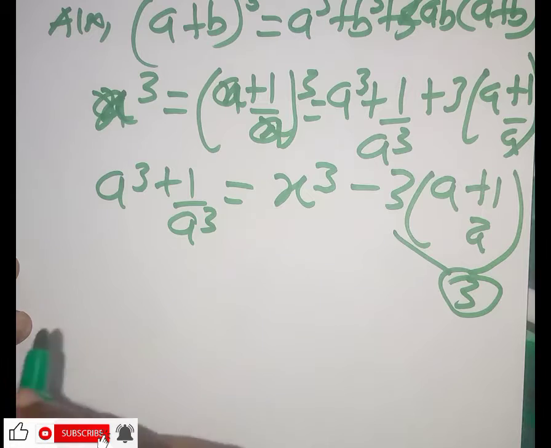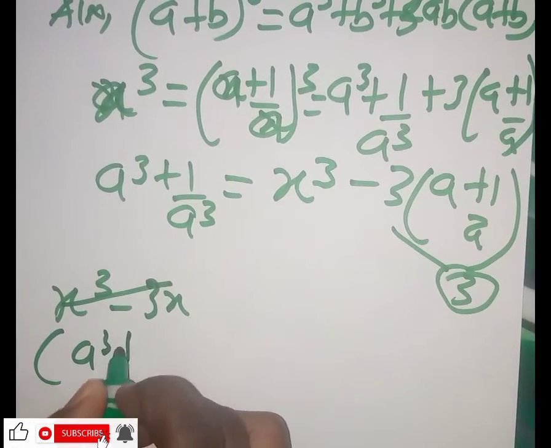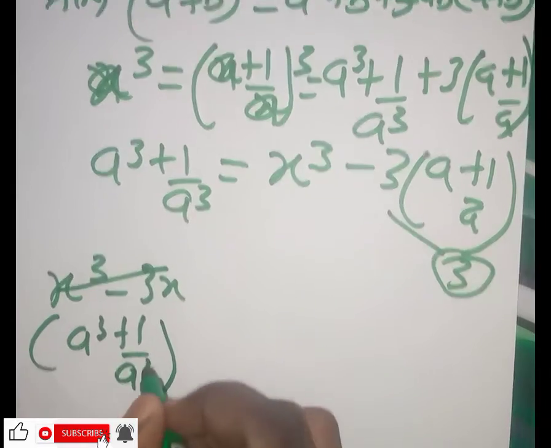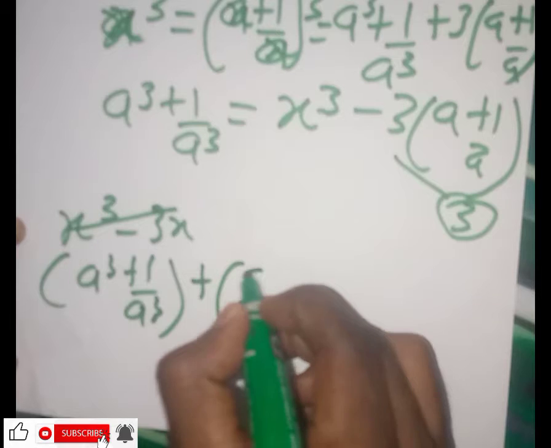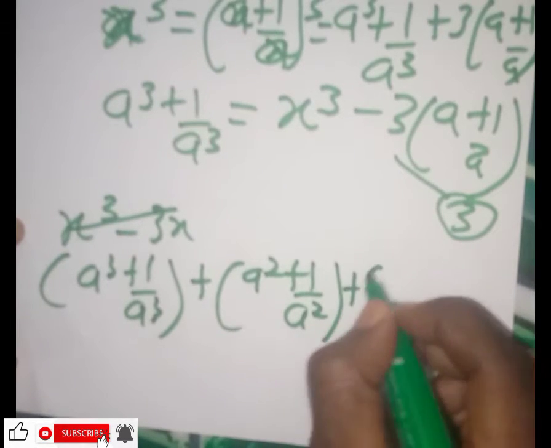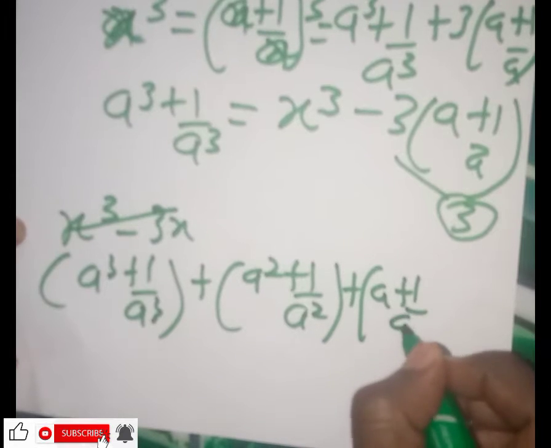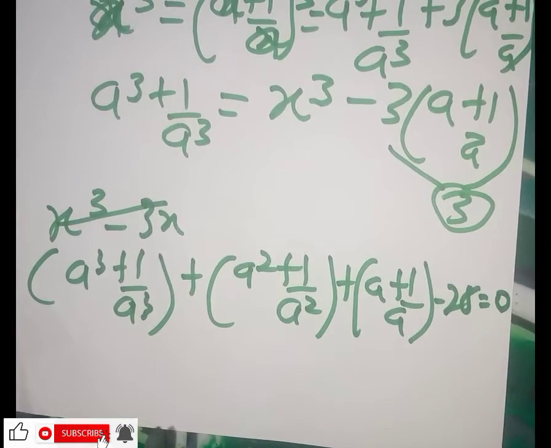So what is equation 0? For equation 0, remember we said a cube plus 1 over a cube, and then plus a squared plus 1 over a squared, and then a plus 1 over a here, minus 28 equal to 0.